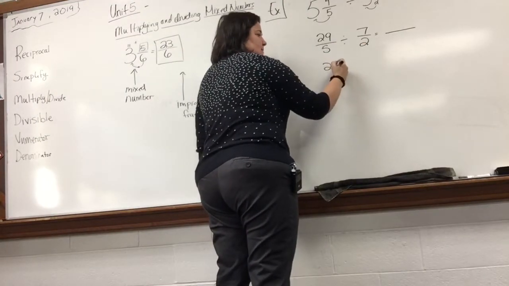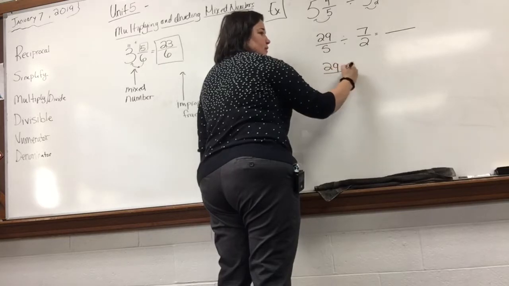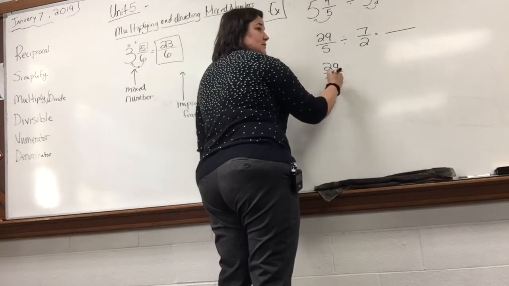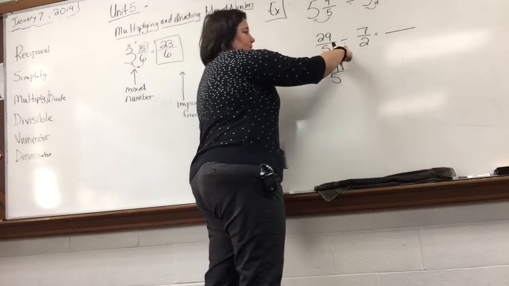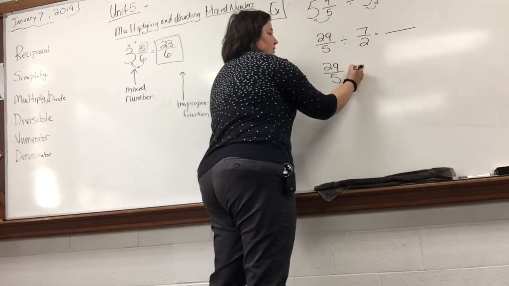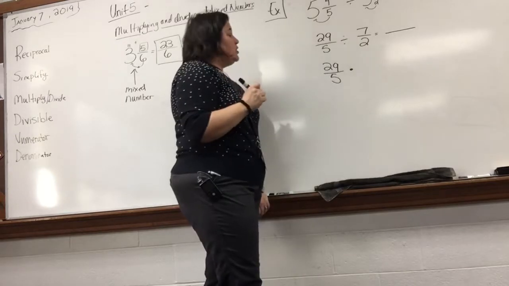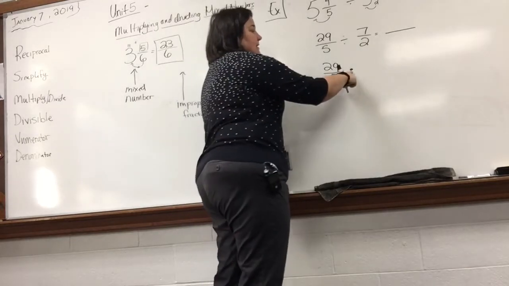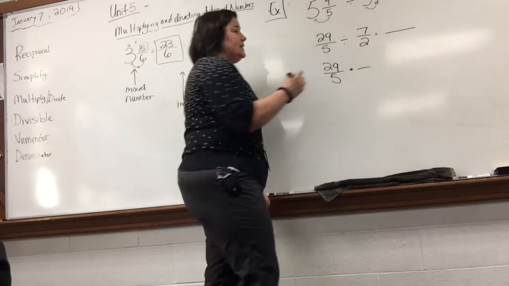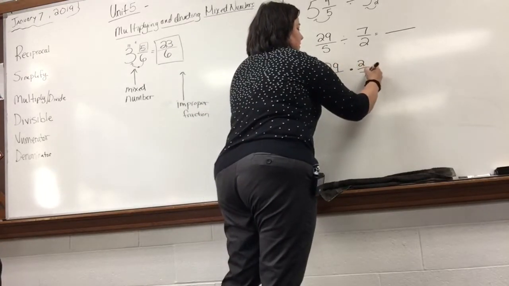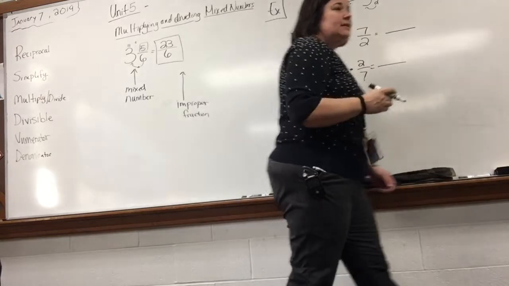So flip it. We're going to rewrite. Okay, what happens to the division sign? Turn it into a multiplication sign. Okay, and I'm going to use the dot. Okay, so we have 29 fifths times, and Owen used the word reciprocal. Nicely done. 2 sevenths. What's our next step?